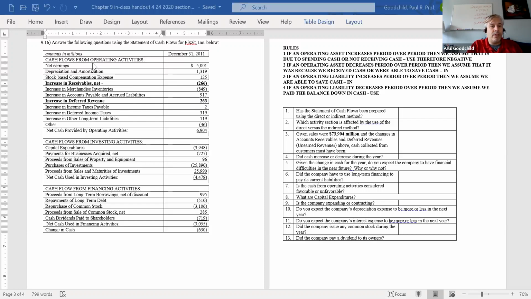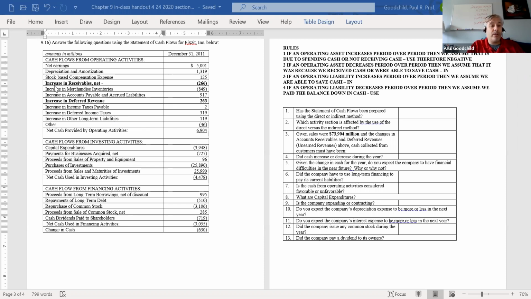One of the ways you can tell is that when you're looking at the statement, it has the non-cash expenses, then it has current assets and current liabilities related to operations. So we know that they're current assets or current liabilities.